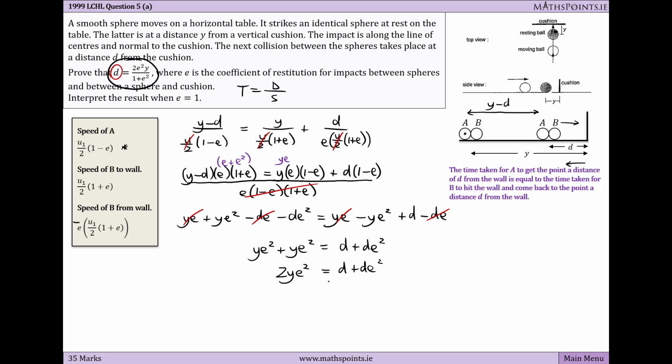I'm trying to get, again, d on its own, so I'm going to factorize the d. So I have d on 1 plus e squared, and that's equal to 2ye squared. Now it is ye squared, but in the solution it has e squared y, so I'm just going to switch that around. And then finally, to get d on its own, I'm going to divide both sides by 1 plus e squared, so I get d equals 2e squared y over 1 plus e squared, and that's the solution.